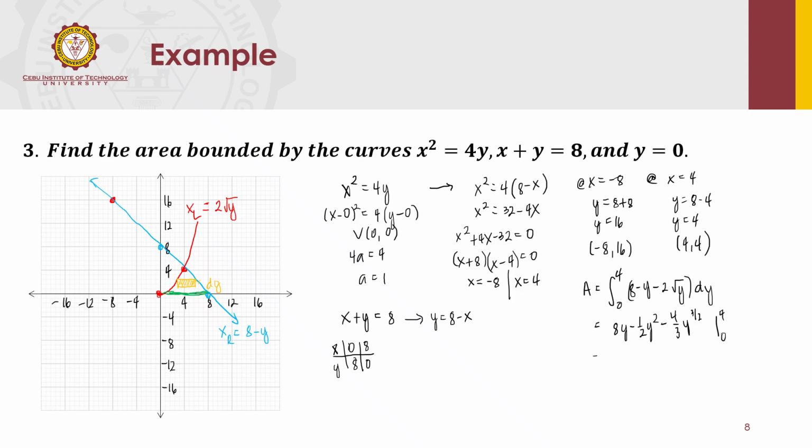So that's 8 times 4 minus 1 half times 4 squared minus 4 thirds times 4 raised to the power of 3 halves. Just 0 for the lower limit, so we don't need to write that. So it's 32 minus 16 over 2, that's 8. And then 4 to the power of 3 halves, that's 4 and square root of 4, that's 8.